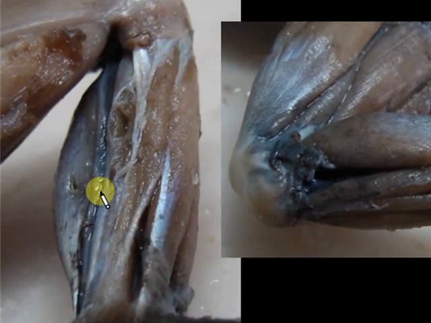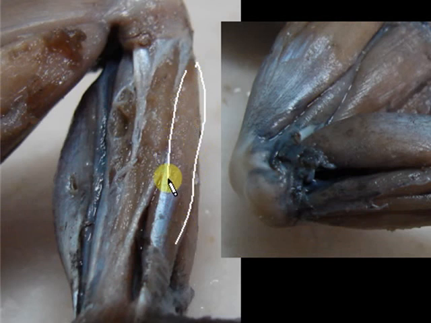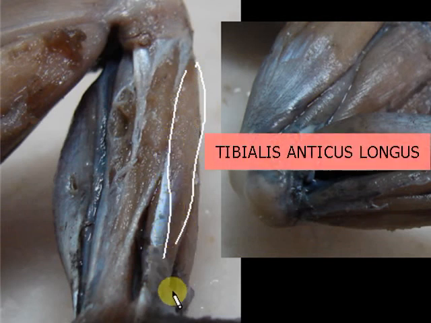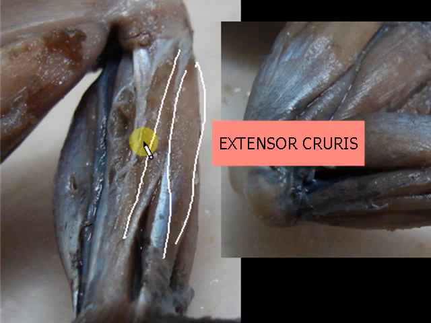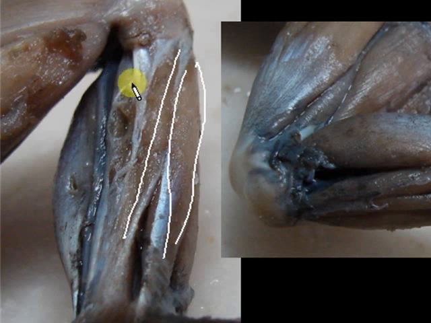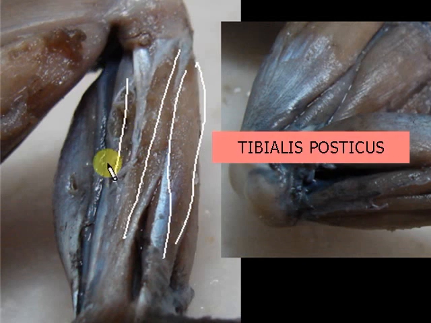The first one, the most anterior, is the tibialis anticus longus. Next to it is a muscle that traverses the tibiofibula bone. That is the extensor cruris. And then finally the one here, the one that's a bit torn, that is the tibialis posticus.